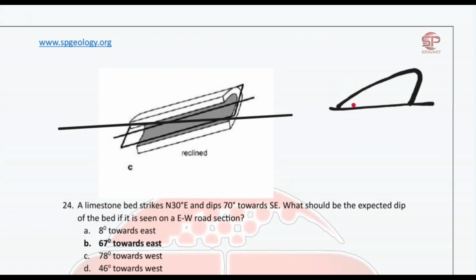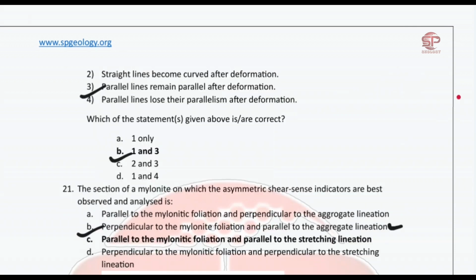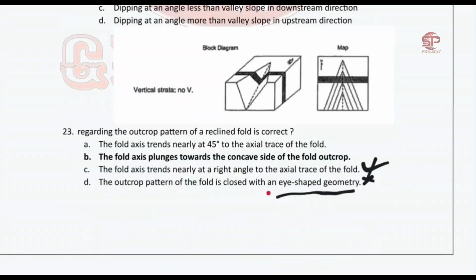So this will be the axial trace and also the trend of the fold axis. This will be the trend of the fold axis and it will be towards the concave side of the fold. So that's why in case of a reclined fold, this option will be more correct. The fold axis plunges towards the concave side of the fold outcrop.